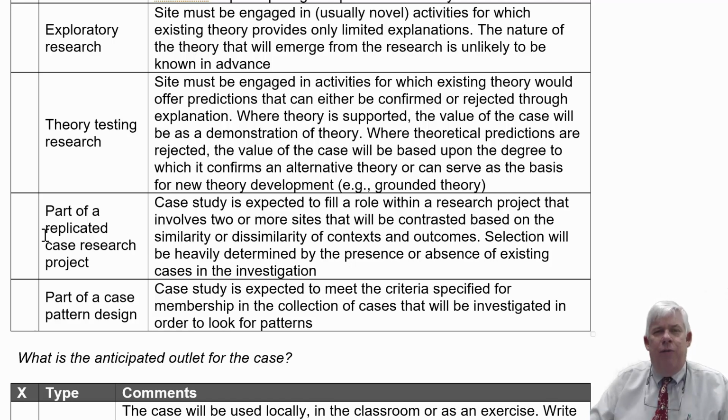We talked about different case research types. If it's part of a replicated case research project, it's a little bit like theory testing in that we want to find cases with very specific characteristics, and we want to build a set of cases that specifically accomplish goals, whether it be two very similar sites or two very divergent sites where we want to compare outcomes.